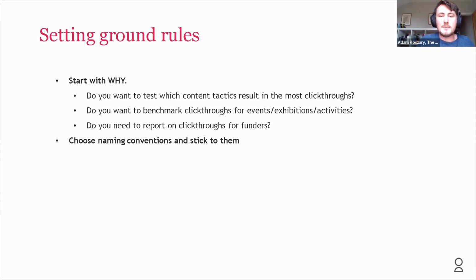Key though is choosing naming conventions, because you can put anything you like into the campaign term and into the content term fields. But you need to know, are you having umbrella terms for your campaign names? Are you structuring them along the lines that I said, like you have one for events, one for campaigns, and then use the content term to differentiate between different exhibitions and events?